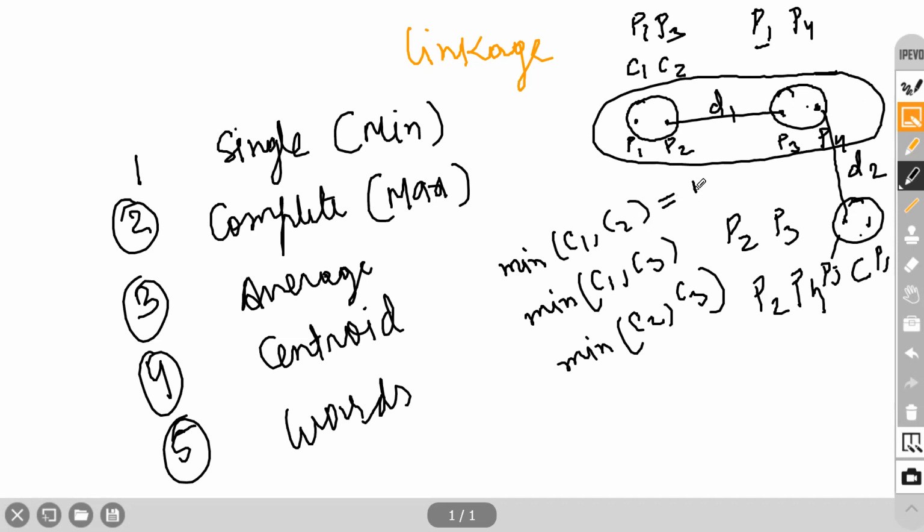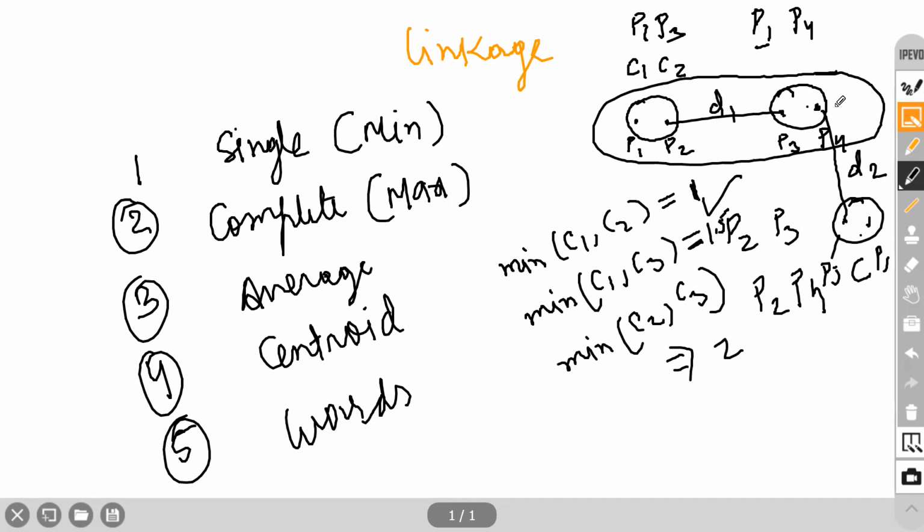Suppose the minimum between C1 and C2 is 1, C1 and C3 is 1.5, and C2 to C3 is 2. Which is the minimum distance? 1 is the minimum distance, so I will merge these. I will measure the distance from all the points within the clusters.